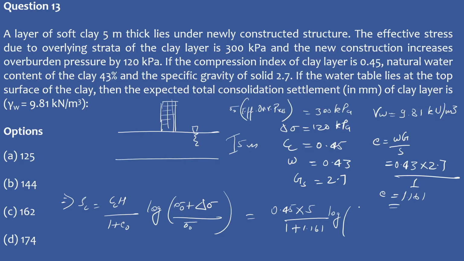So this will also take account of your overburden with the water. So sigma naught is your 300 plus 2.5 into 9.81.